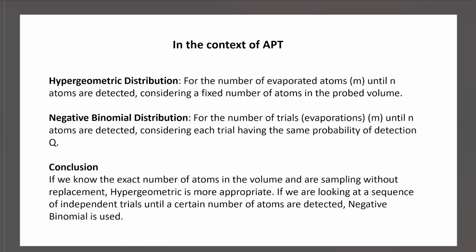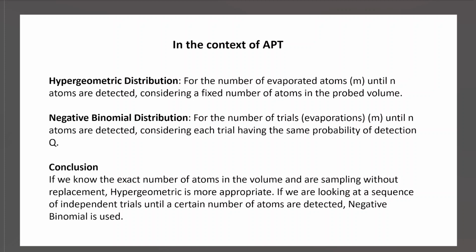This is when we use the hypergeometric during the evaporation part, and negative binomial distribution for the number of trials until n atoms are detected in the detector, considering each trial has the same probability of detection Q. If you know the exact number of atoms in the volume under sampling without replacement, hypergeometric is more appropriate. If you are looking at a sequence of independent trials until a certain number of atoms are detected, negative binomial can be used. So I think this is made clear.